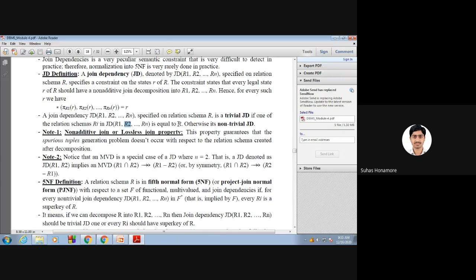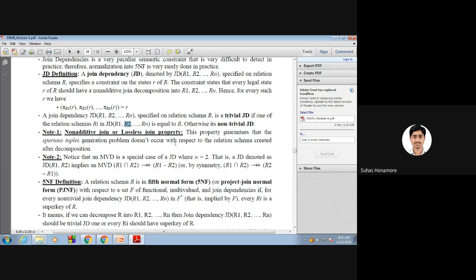There is no meaning of decomposing otherwise. If, suppose, R2 and R are both the same, what is the use of dividing R into different tables? So most times we will not have trivial join dependencies. It is a very rare case, for example when you have different attributes in a primary key, and to maintain the consistency state, we keep all the primary key attributes together in one table.